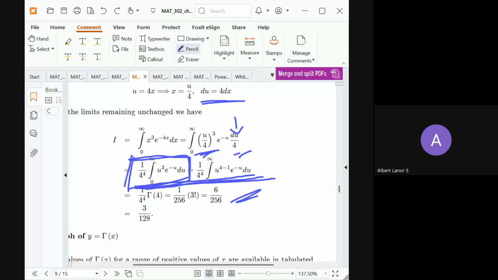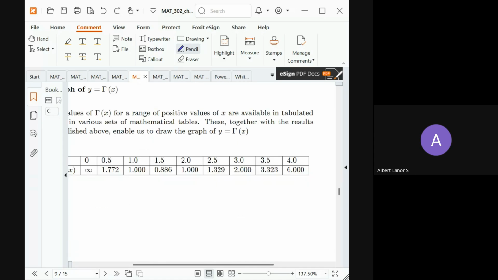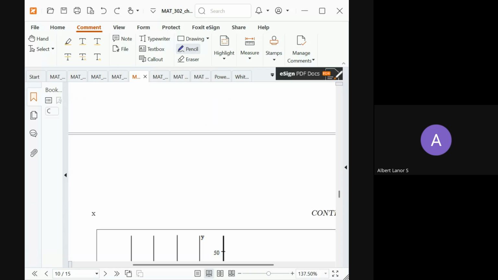Remember that the gamma function of negative integers does not exist, but the gamma function of the fractional ones exists, and we have demonstrated all this. All right, so you should be able to do all these things as we have seen them.